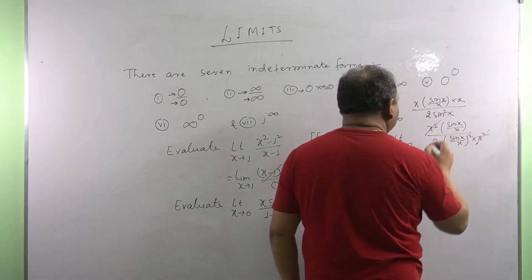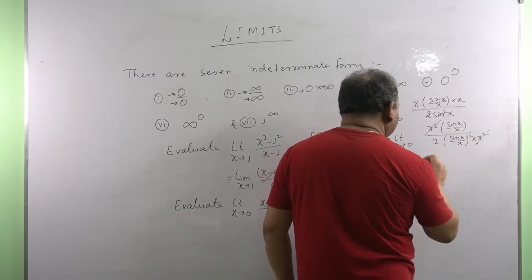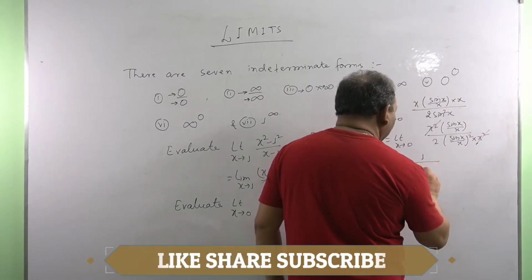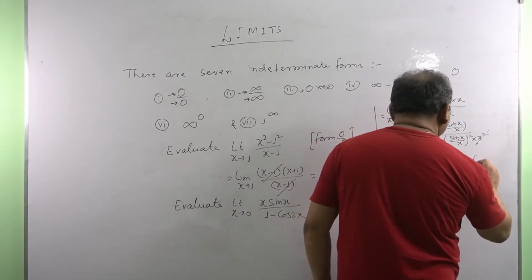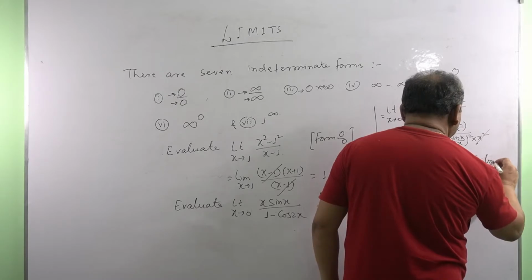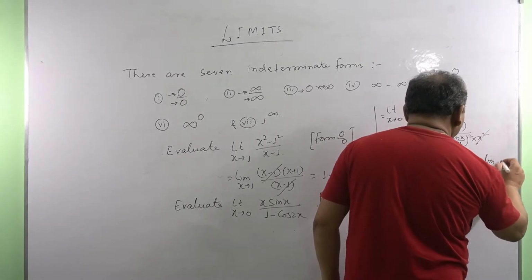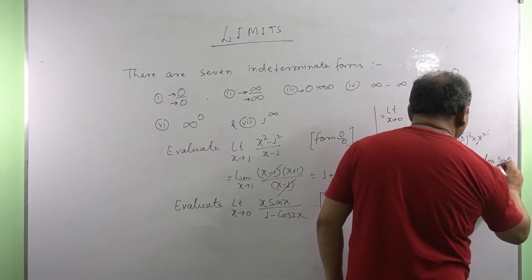The x square cancels out, and we know that sin theta by theta goes to 1, so 1 by 2 into 1 square, that is 1 by 2. Since the limit as theta tends to 0 of sin theta by theta is equal to 1.